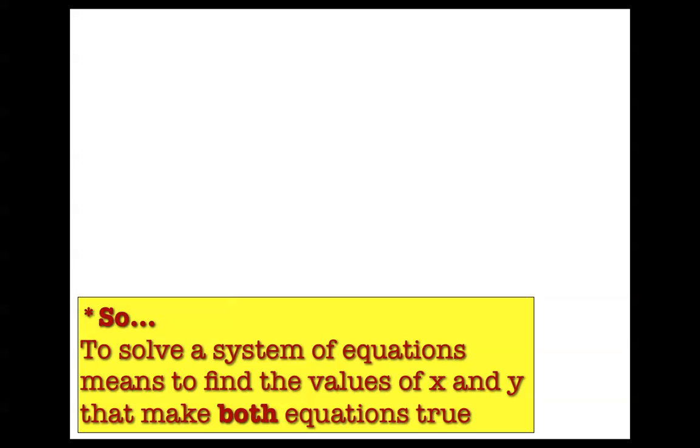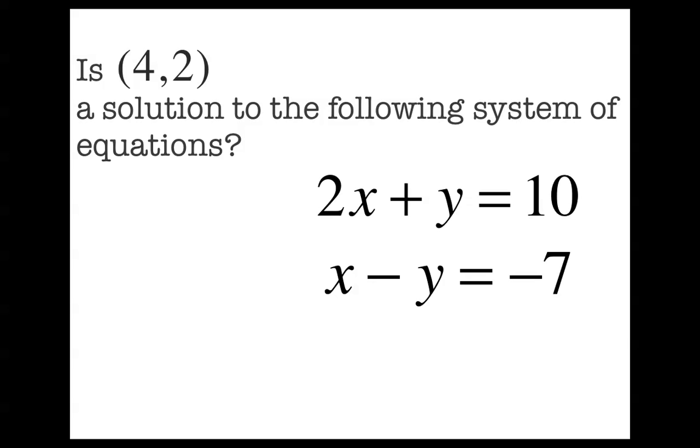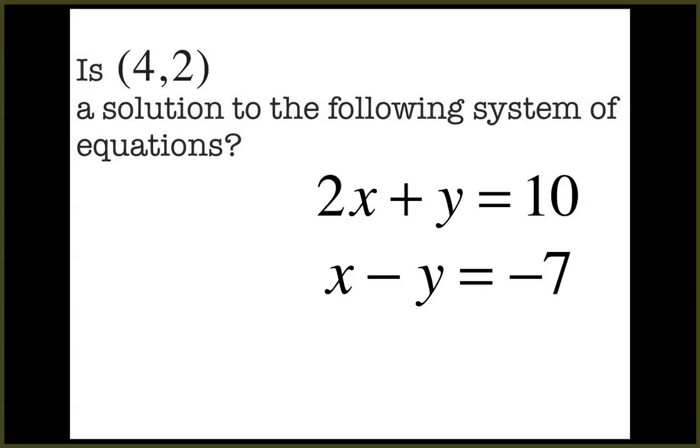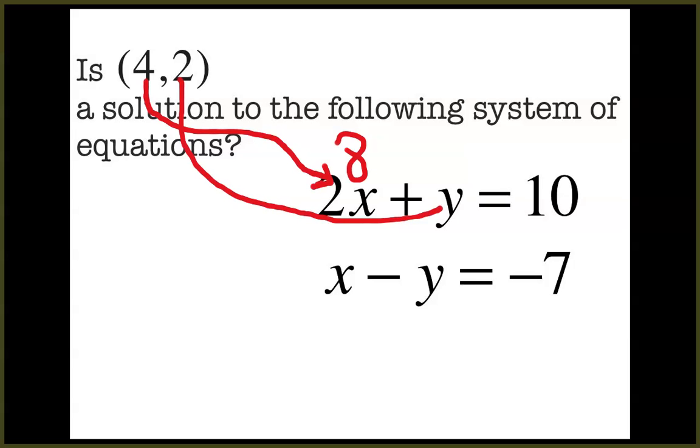Okay? So, here's an example. Is 4 comma 2 a solution to this system of equations? 2x plus y equals 10 and x minus y equals negative 7. Well, the only way to find out for sure is, let's take the x, plug it in for x, right? 2 times 4 would be 8, and if I plug the 2 in for y, would 8 plus 2 equal 10?